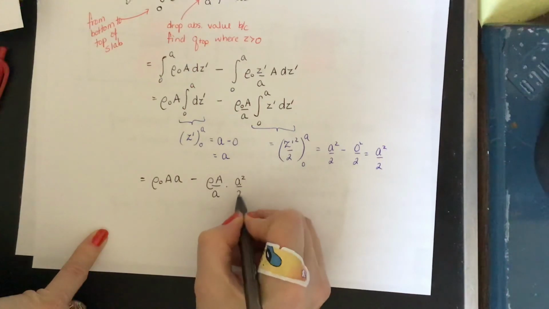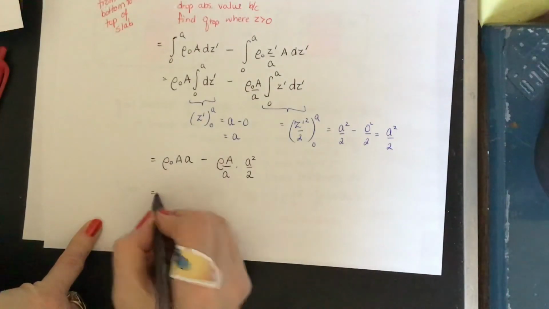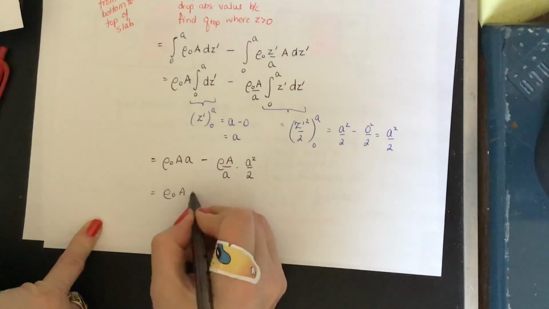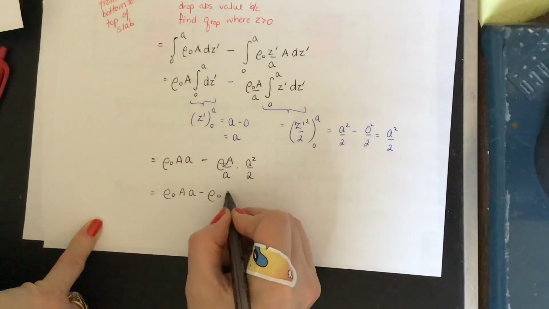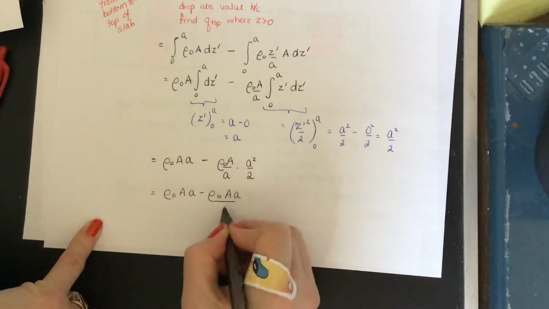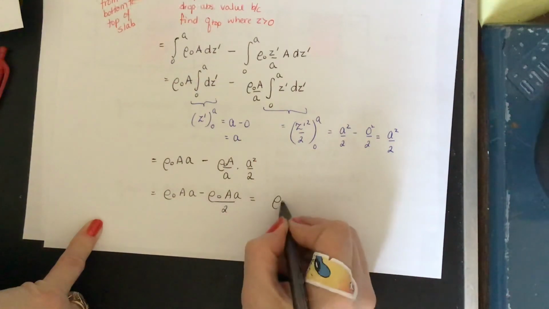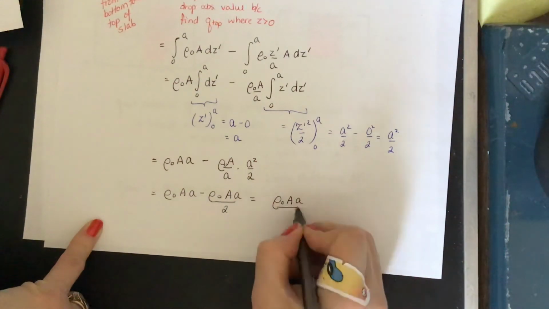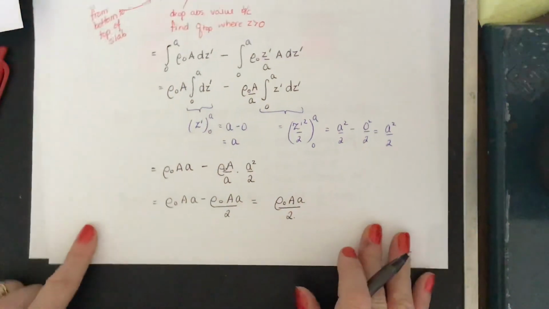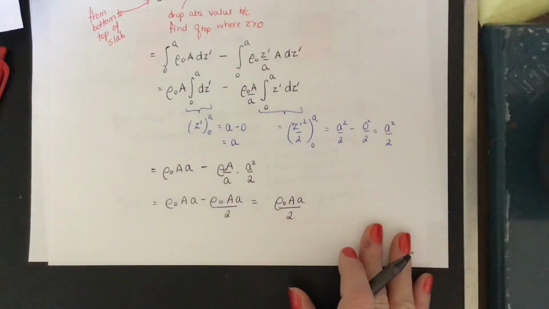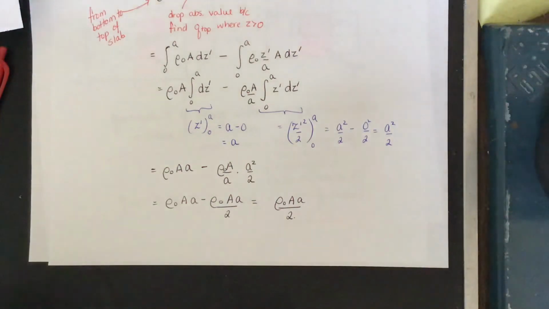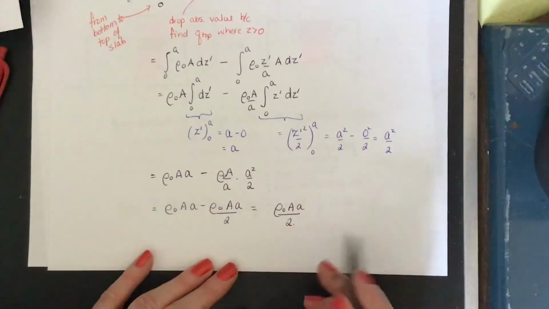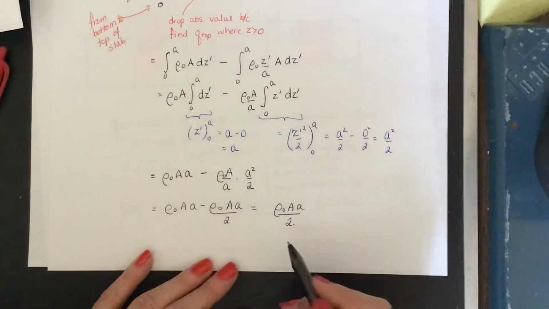And we can simplify a tiny bit. So there's an expression which tells us the net charge inside the Gaussian surface. Now the next thing we'll do is put this net charge together with our net flux and find the expression for the electric field.